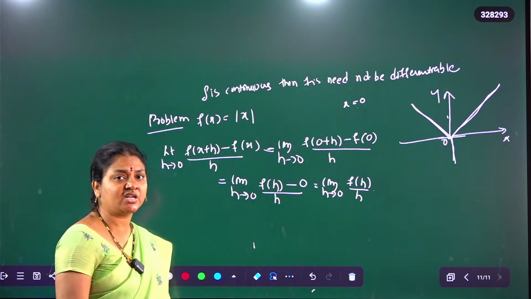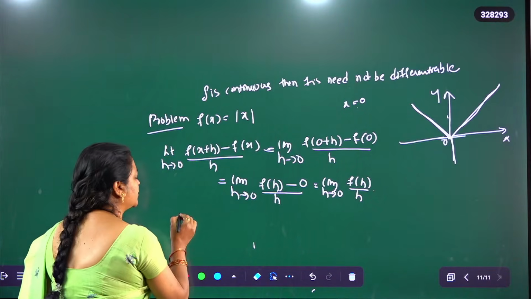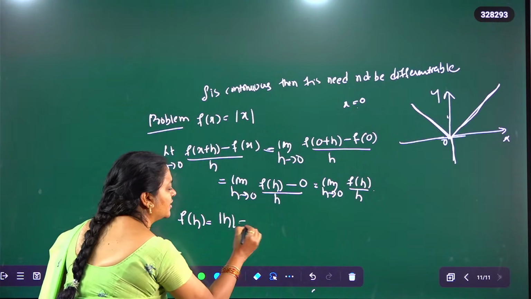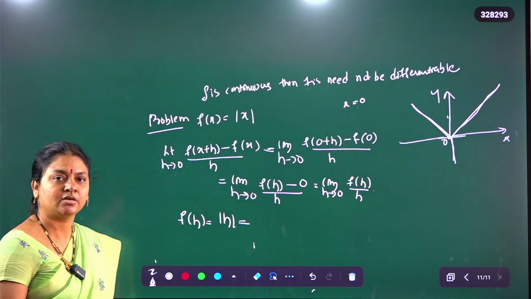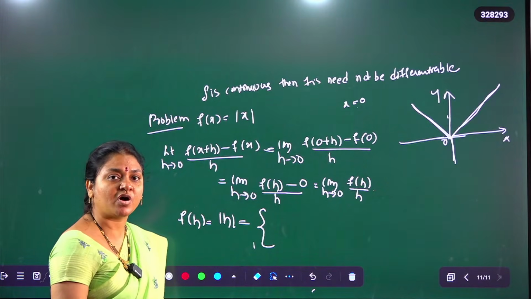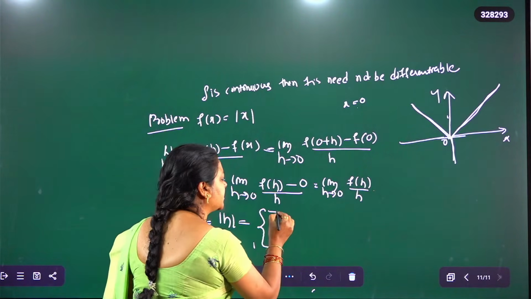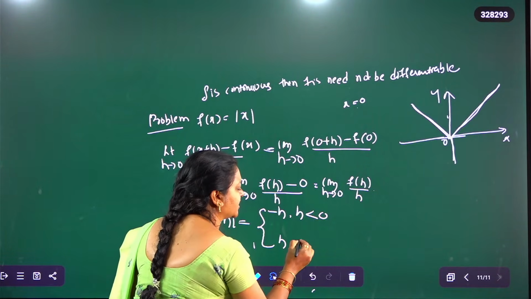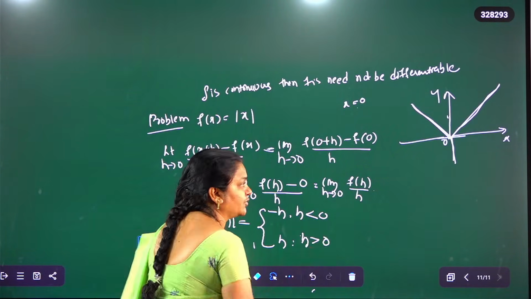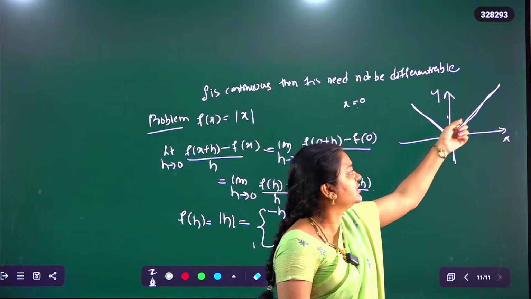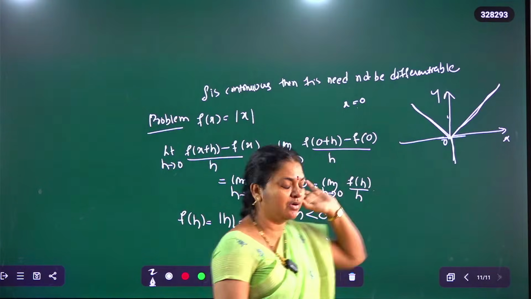But what is our function? F of x is mod x. So similarly f of h will become mod h. What is the mod h function? The mod h function, it is from 10th class itself, right? Mod h means either it is minus h when h is less than 0, or it is plus h when h is greater than 0. You can see from the graph also. If less than 0, you are getting negative value. Greater than 0, you are getting a positive value, right?